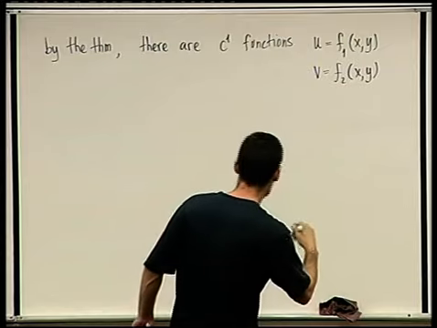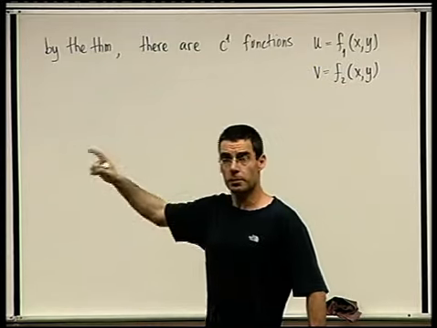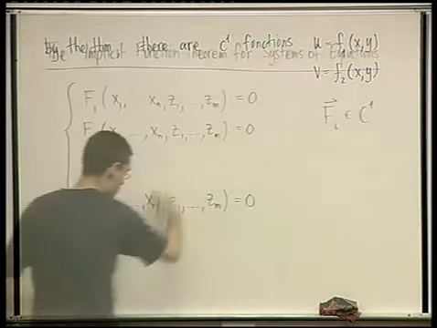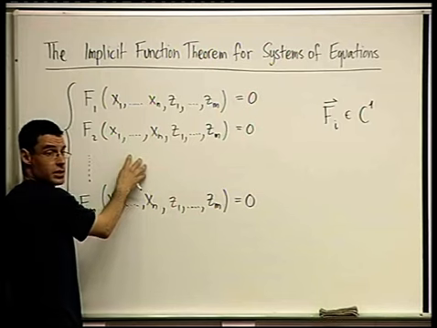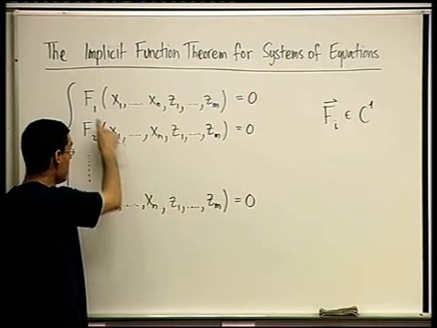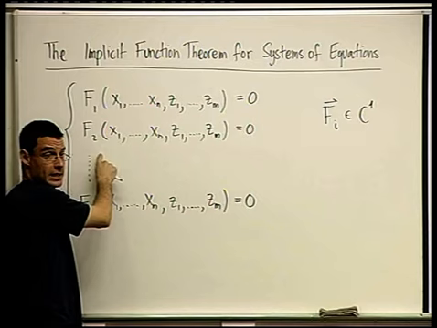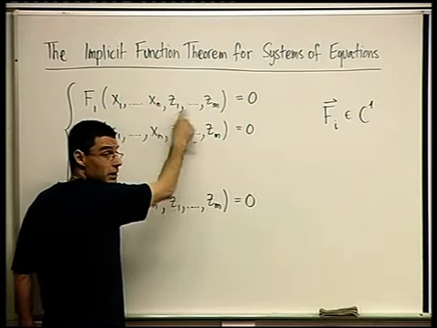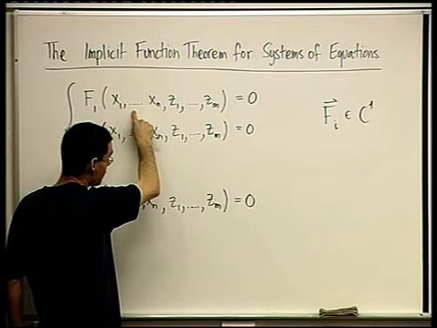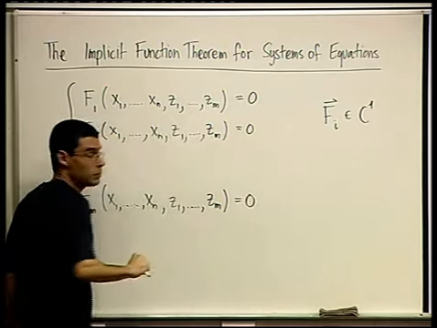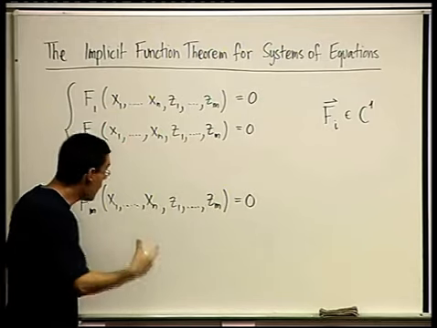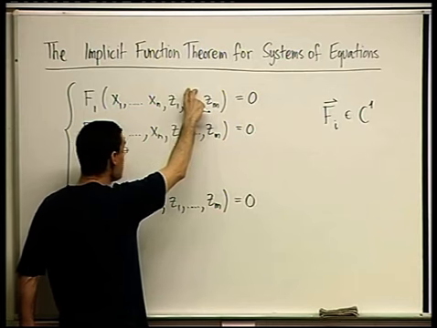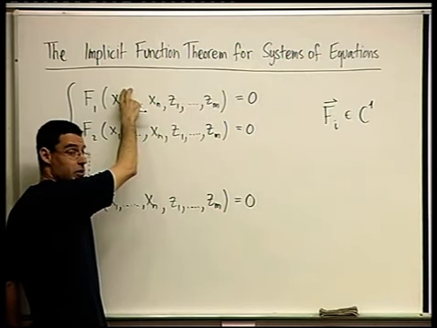I'm going to jump between boards a bit, please follow me. Do you see that the example that we had fits into the framework of this theorem? We had only two relations in that case, involving 4 variables, x and y, u and v. X was x1, y was x2, u was z1, and v was z2. Why am I saying that? Because I want to express the z's, u and v, as functions of the x's, x and y.